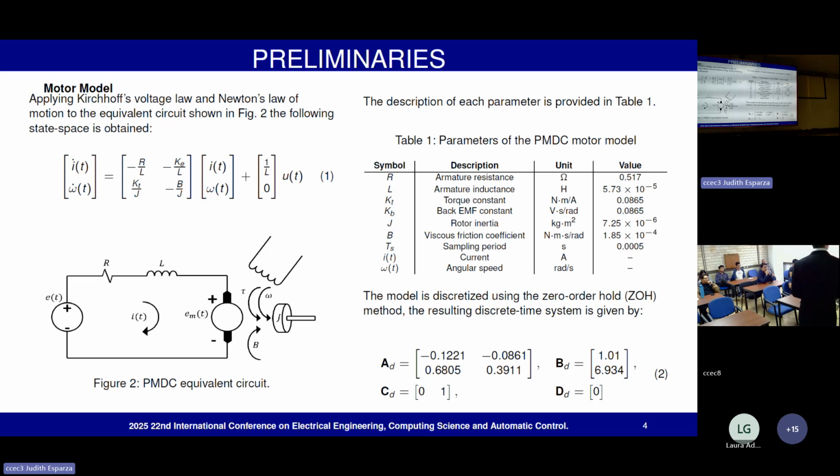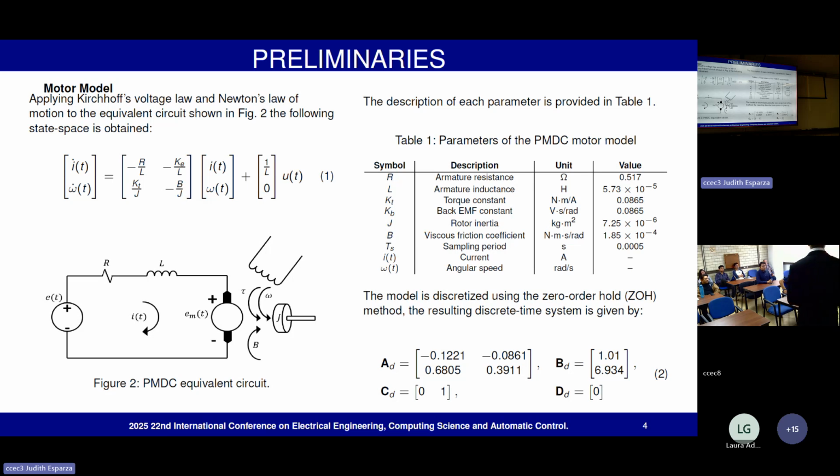For the case of the BLDC motor, we have three neurons for the electrical part, one for each motor phase, and one neuron for the mechanical part. So as you say, one neuron is not enough to model a more complex system.